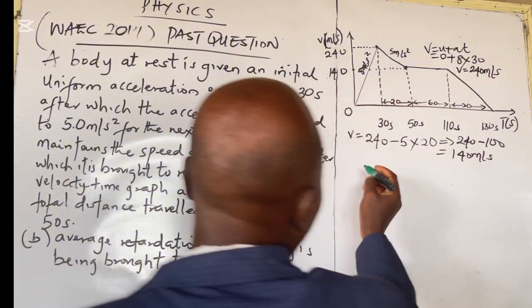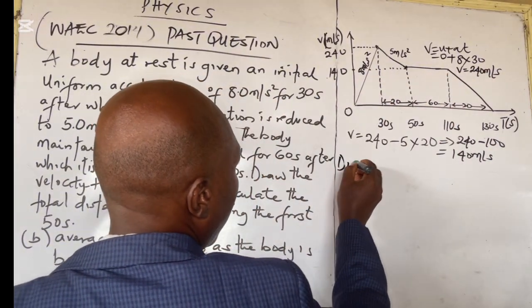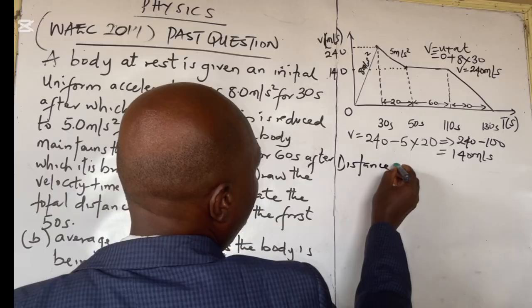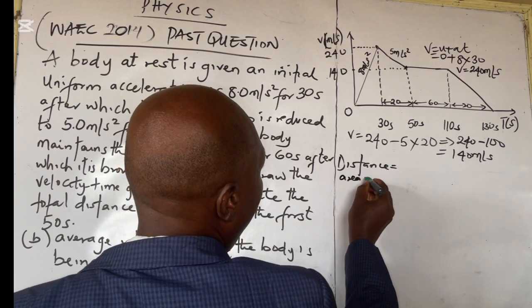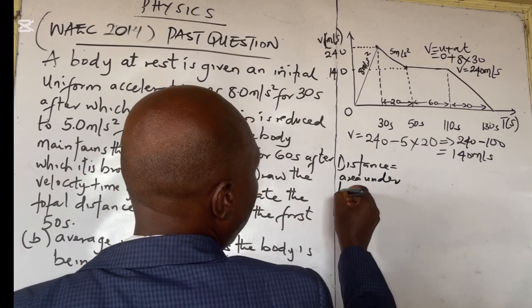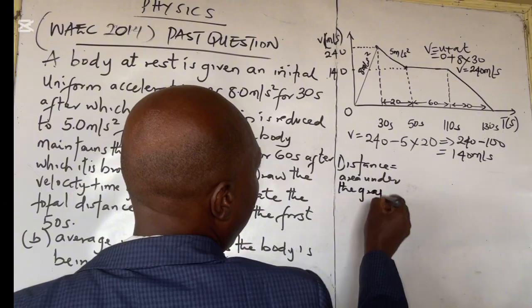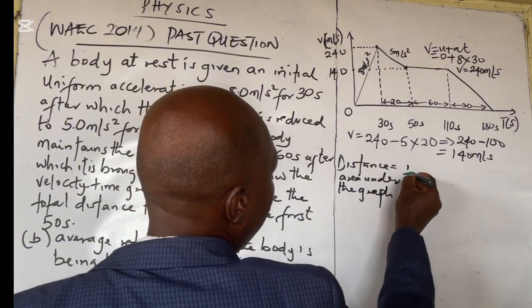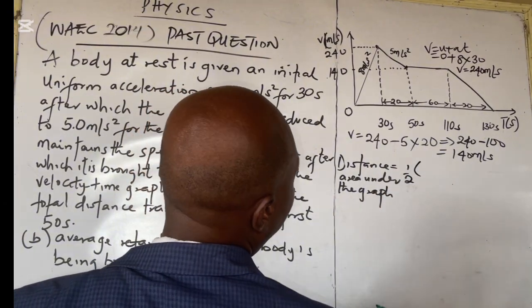So distance equals area under the graph. So we want to add it. Area of triangle is half base times height.